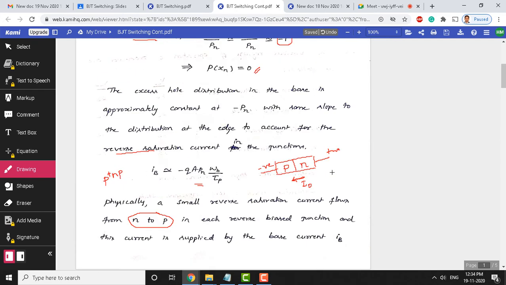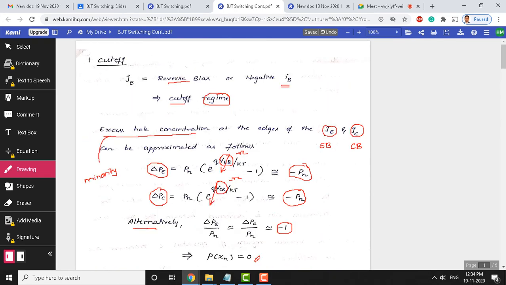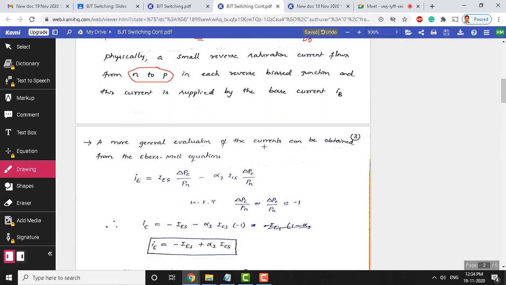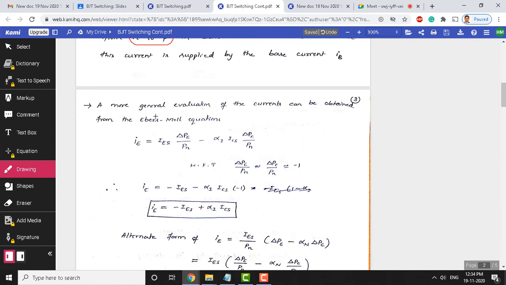Now, in this cutoff region of operation, the simplest way to analyze is to think of the BJT in terms of the coupled diode model. We are going to apply once again the Ebers-Moll equations, or the coupled diode model, so that we can easily get the terminal current equations for the cutoff region.